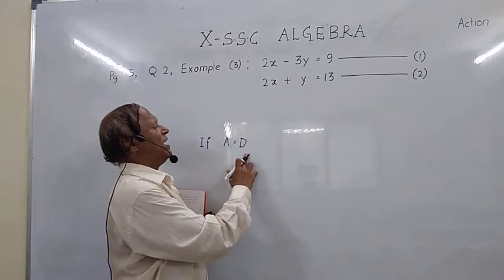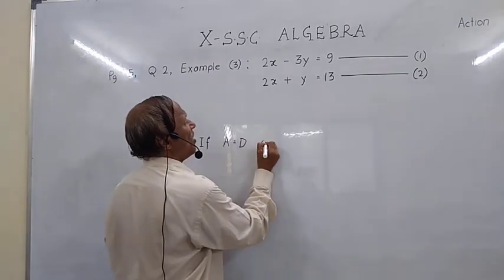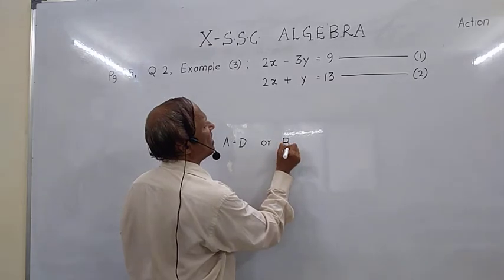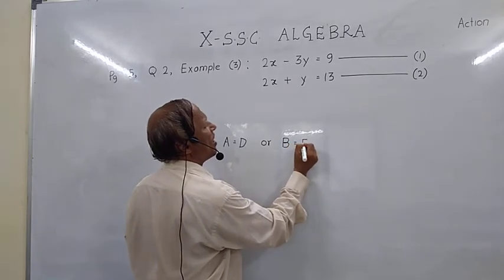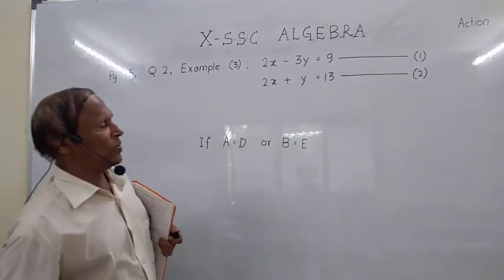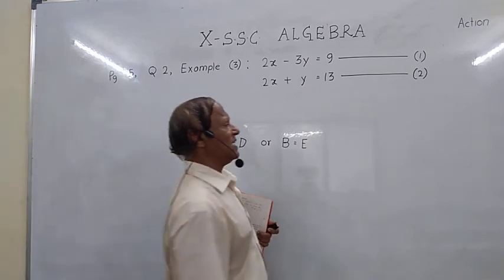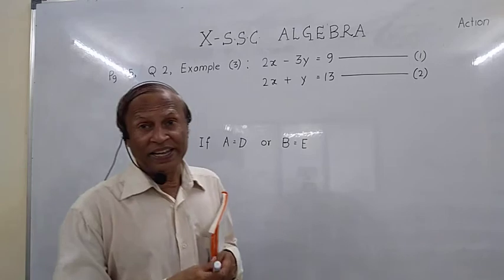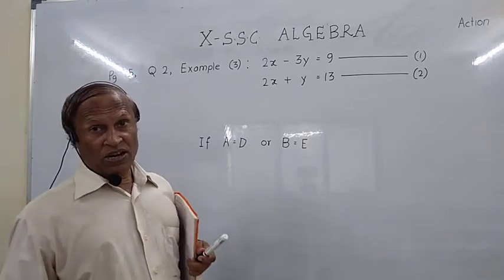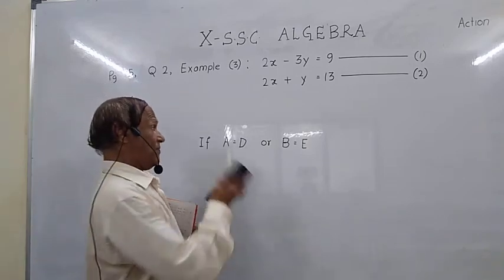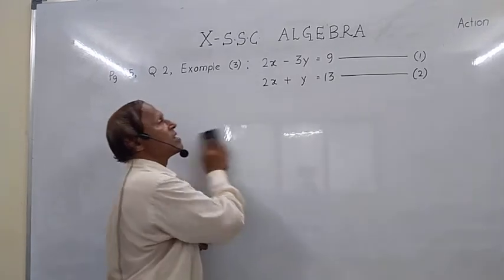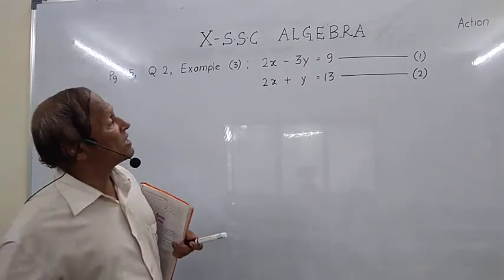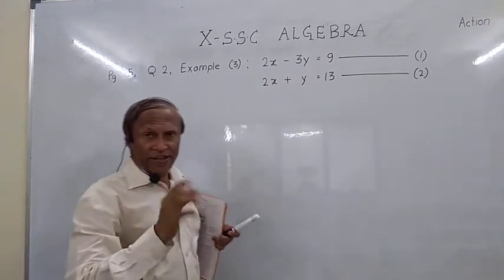Here, if A is equal to D or B is equal to E, then go for type 2. Then what was the action? Subtract the equations. I am not writing it because you are not supposed to write it in the exam. But you have understood what action to take.